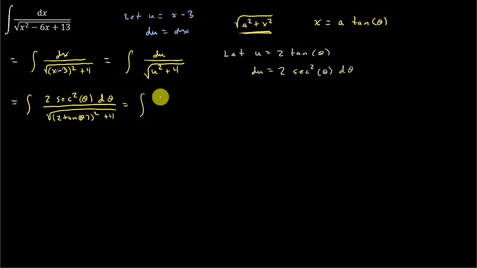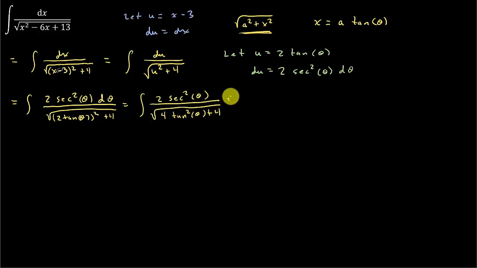Now we just need to do some simplifying here. So that's 2 secant squared theta over the square root of 4 tangent squared theta plus 4.